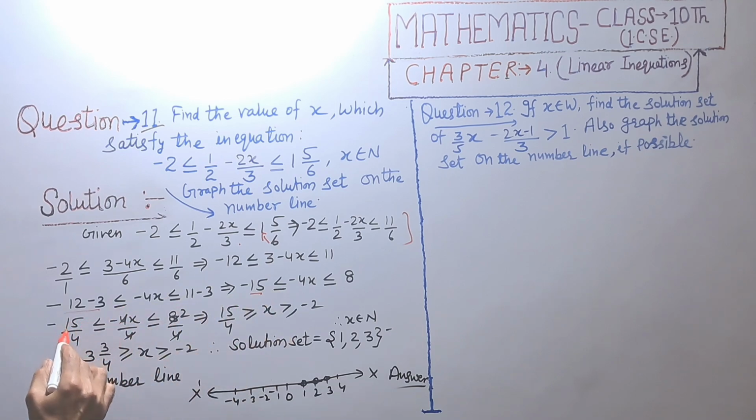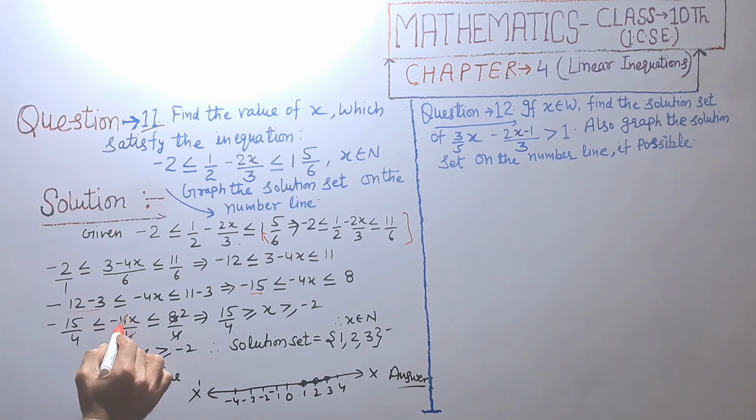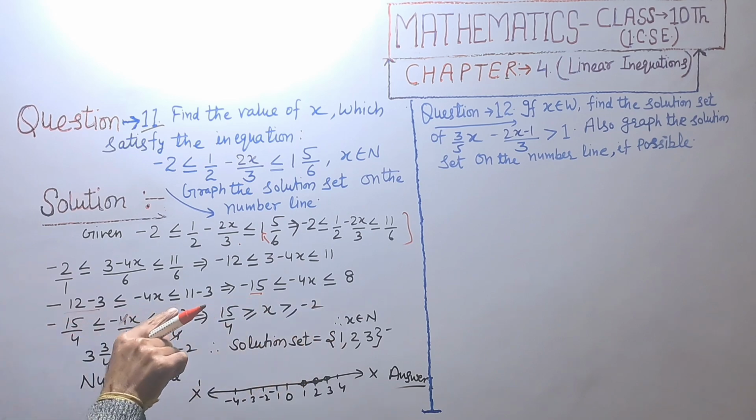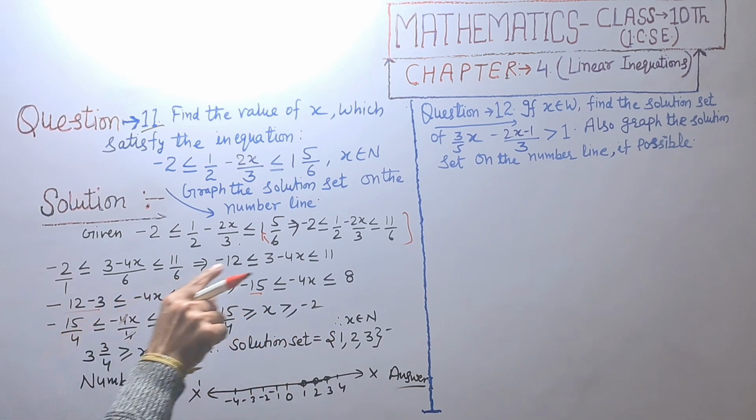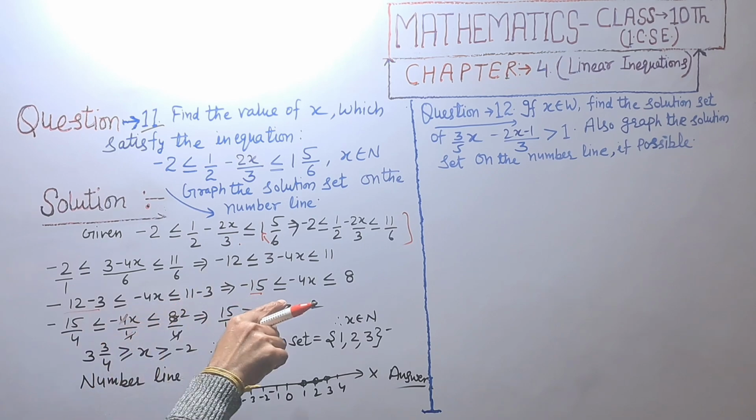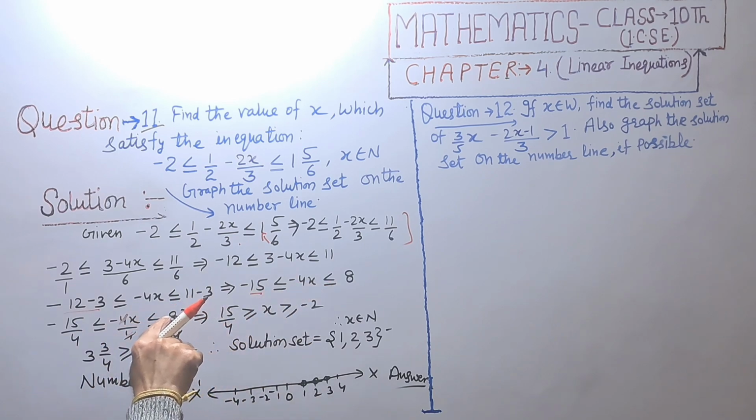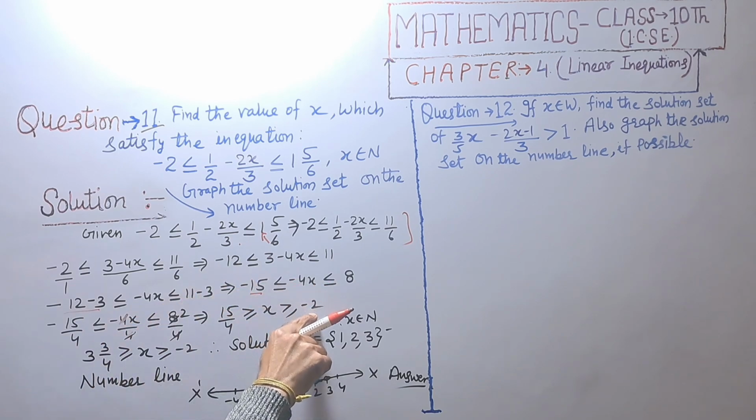Dividing by 4, -15/4 ≤ -4x/4 ≤ 8/4, where 4 twos are 8. This is negative, so we multiply the inequalities by -1 to make it positive. Less than or equal to becomes greater than or equal to, and positive becomes negative, -2.